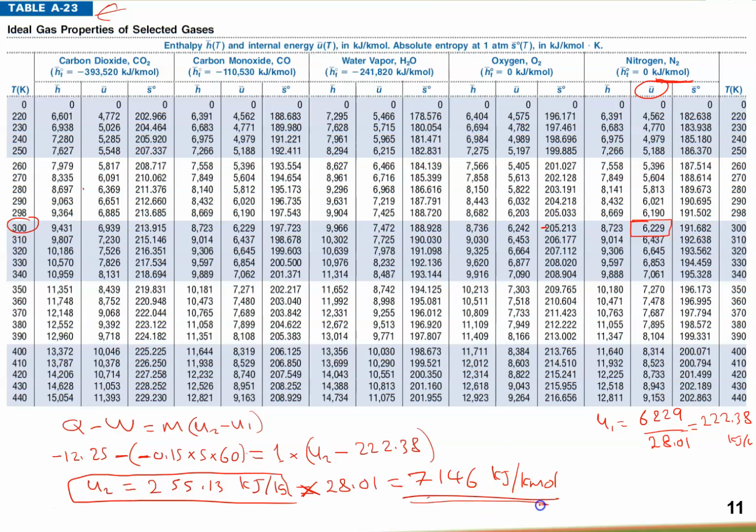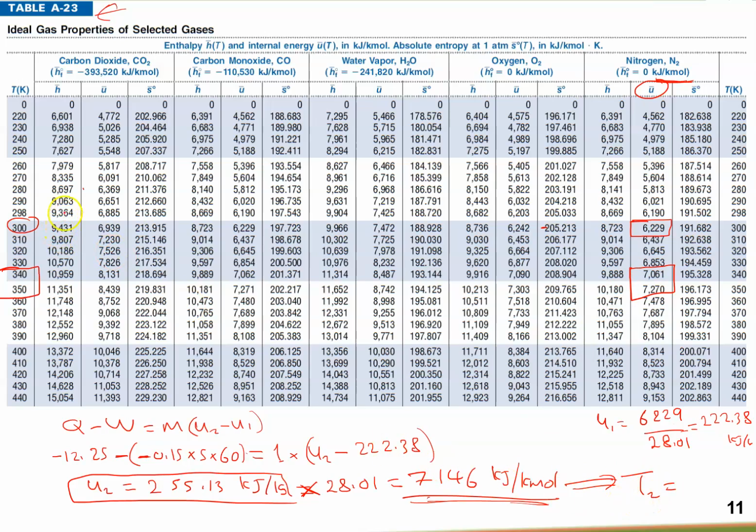Now we look for this value in the table for the nitrogen, so 7146 is between this value and that value. So our temperature is between 340 and 350. So you can do interpolation to find T2.